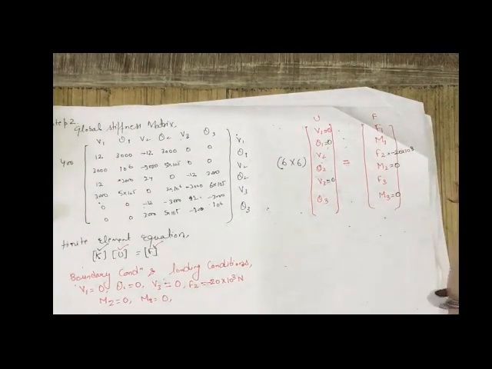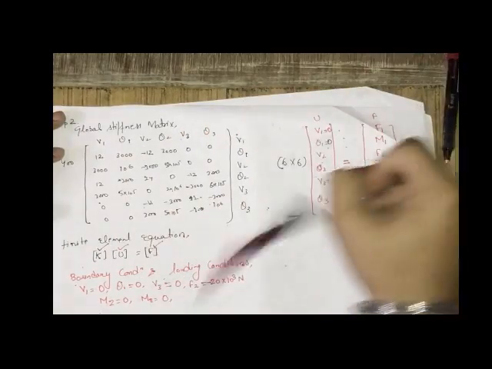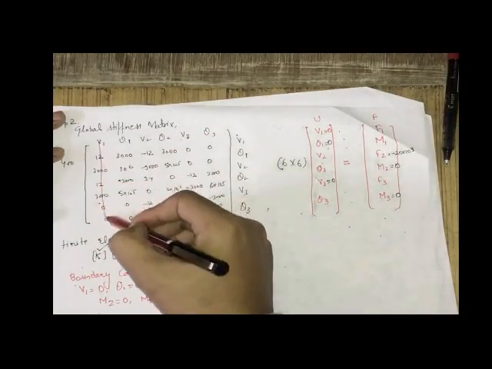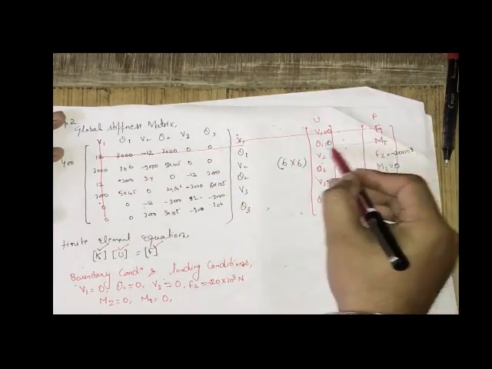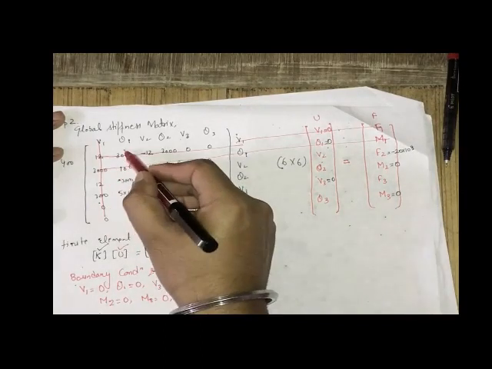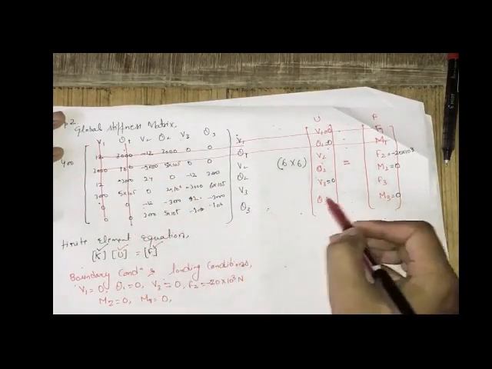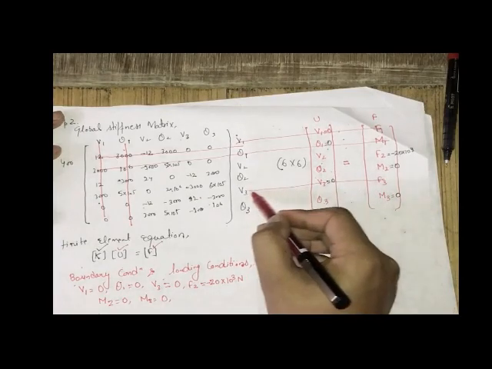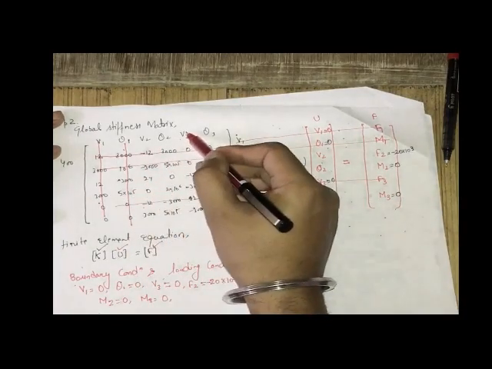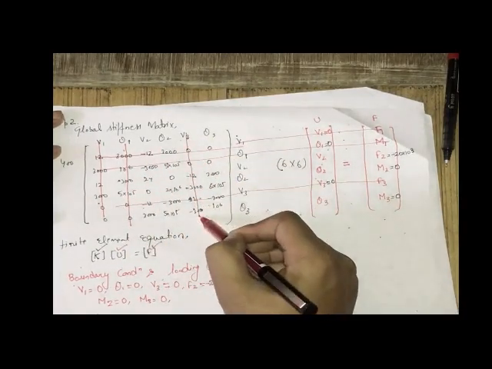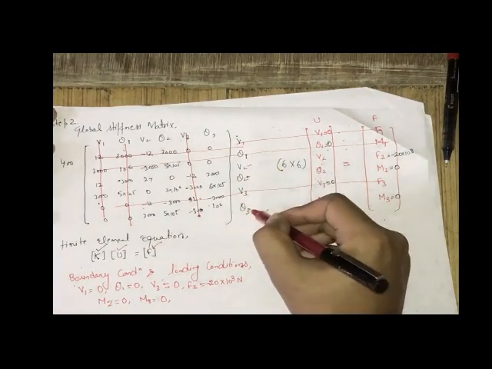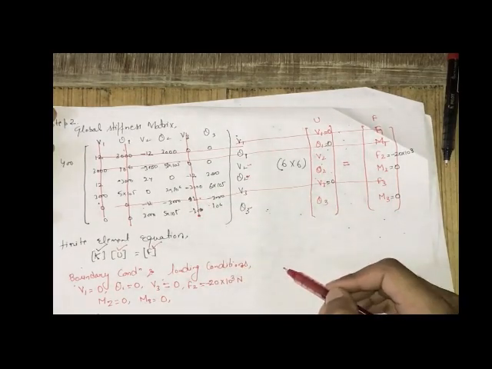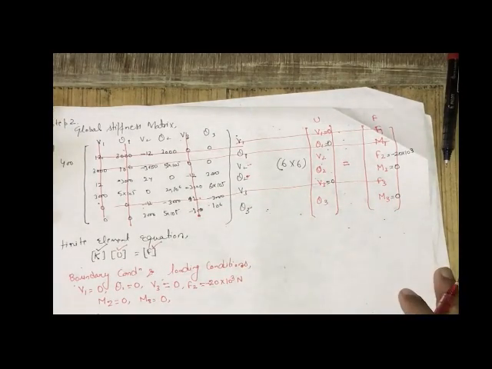So the first row and first column become cancelled, and the second row and second column, and f3, the fifth row and the fifth column are cancelled. So we have remaining values v2, theta 2, and theta 3. So we are going to calculate these values.